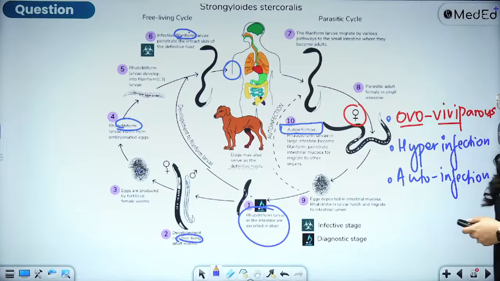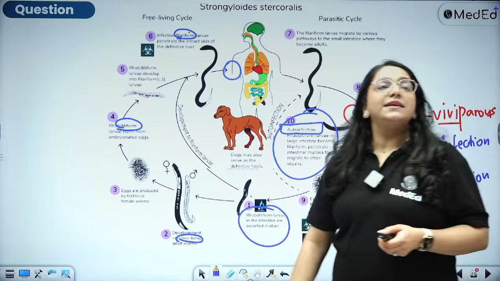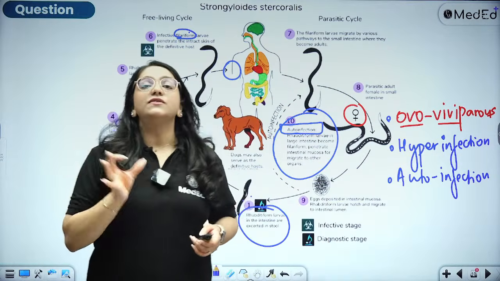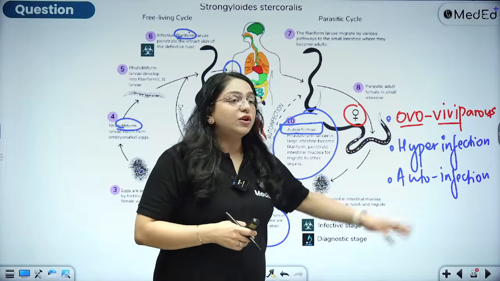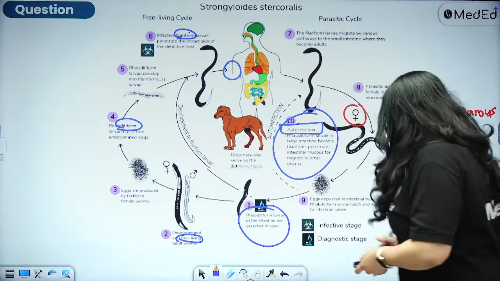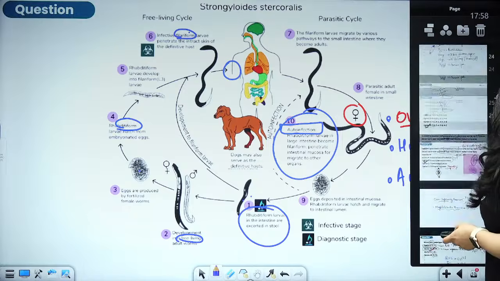We had discussed that the rhabditiform larva, which decides on its own to cause autoinfection, is very characteristic of Strongyloides. Hyperinfection and autoinfection are characteristic features of Strongyloides. So the best answer out of these two is Strongyloides.